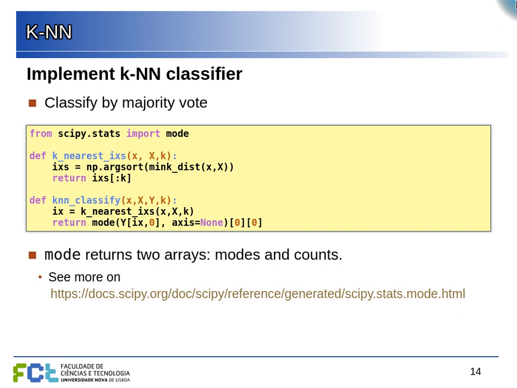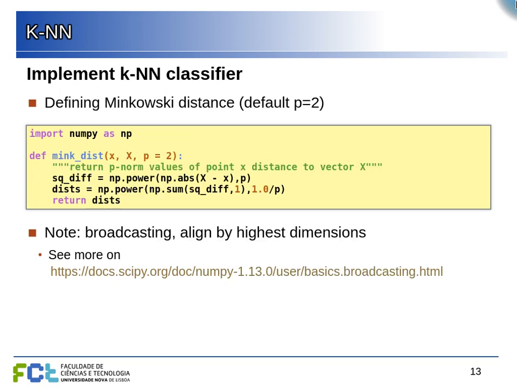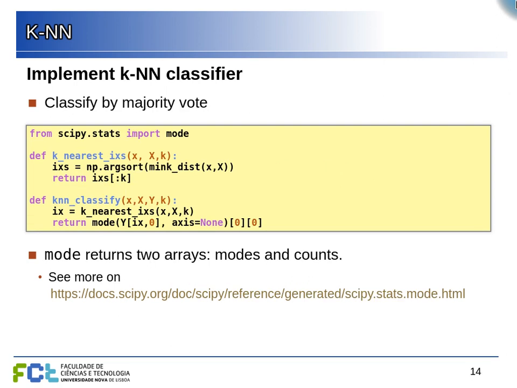But in any case, what we're doing here is we're computing the distance to all the training examples, then we're finding the closest k, and then we use that set of the k closest neighbors and find the majority vote for the class. And this is the class that we assign to the example that we were showing.